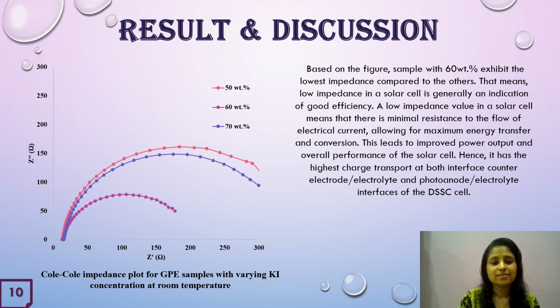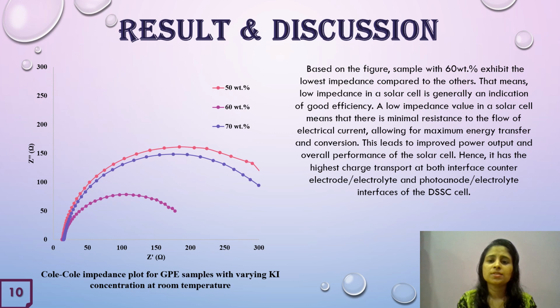The next analysis will be on the impedance plot for gel polymer electrolyte samples with varying potassium iodide concentration at room temperature. Based on the figure, the sample with 60 weight ratio percentage exhibits the lowest impedance compared to the others. That means low impedance in a solar cell is generally an indication of good efficiency.